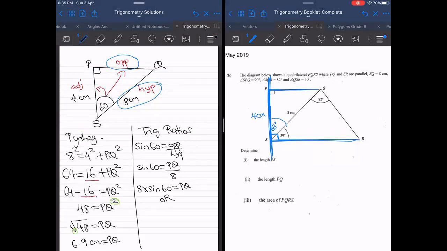Or, for those who wanted to use tan, you say tan 60 is the opposite over the adjacent. So tan 60 is PQ over 4. So 4 times tan 60 is equal to PQ. And it doesn't matter which one. Overall, the answer is 6.9.